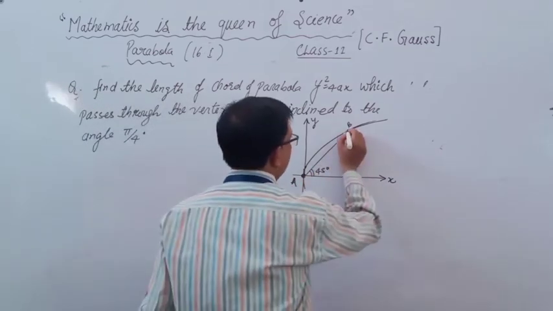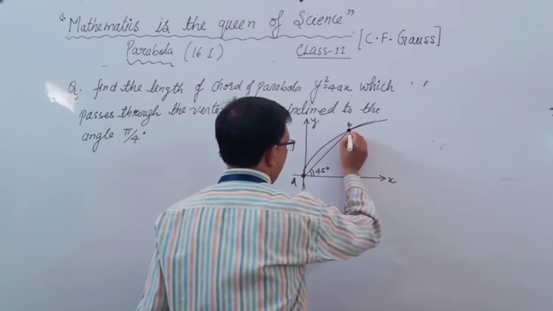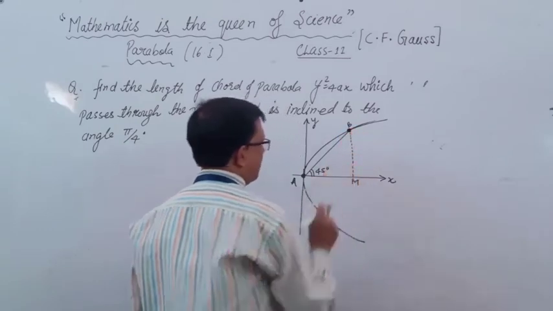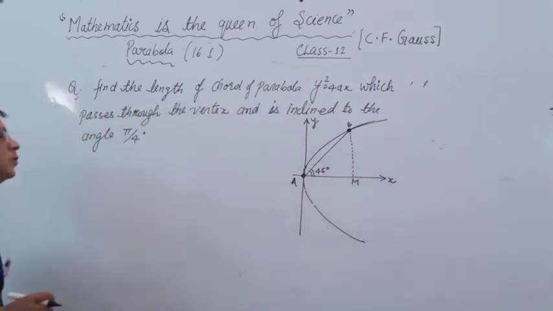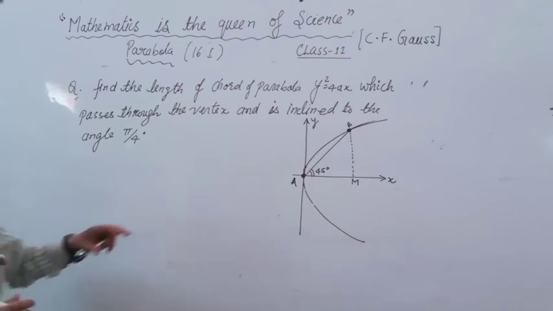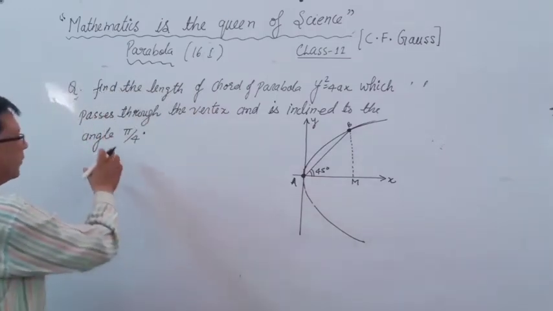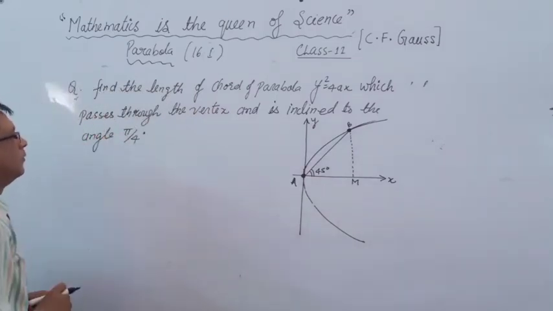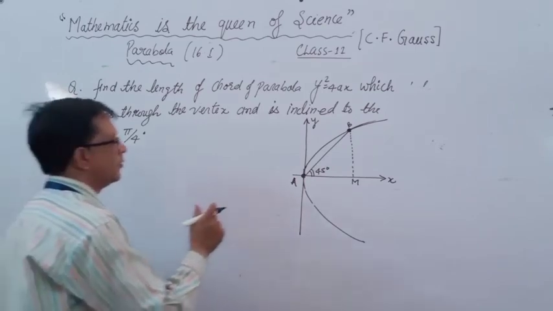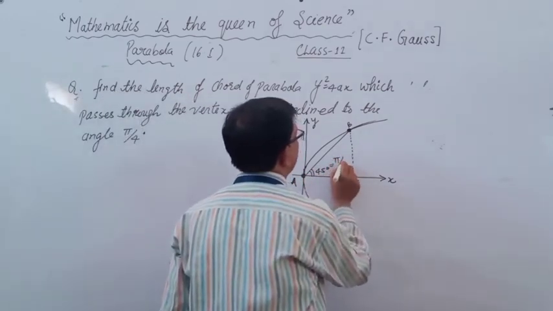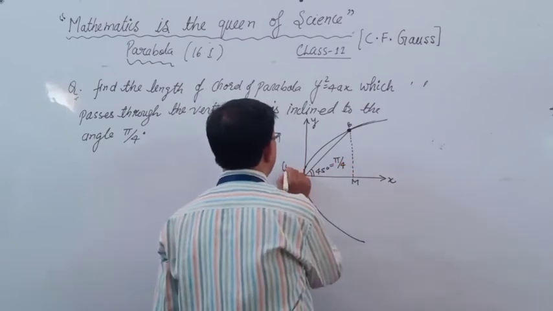Here we draw a perpendicular, this is M. We are going to find the length of the chord AB, and the angle of inclination is given as 45 degrees. Pi by 4 means 45 degrees, and here is the origin, 0, 0.